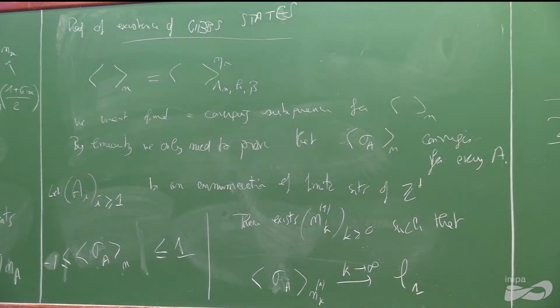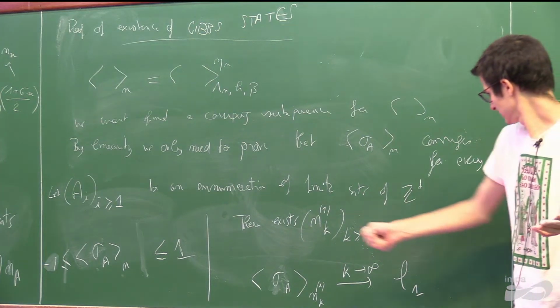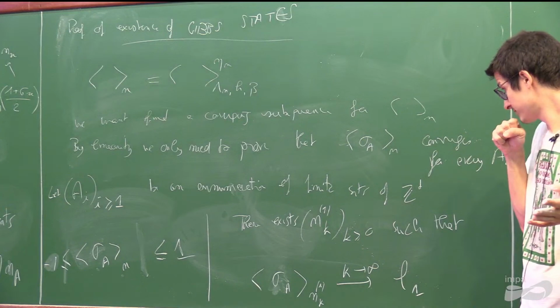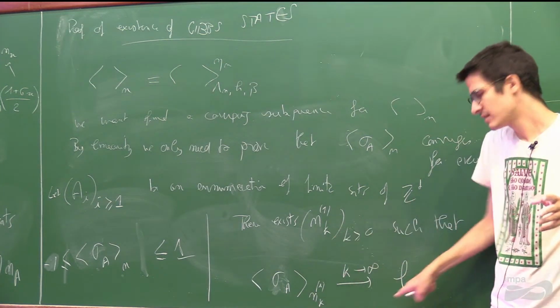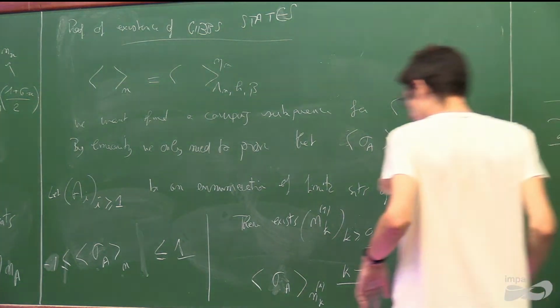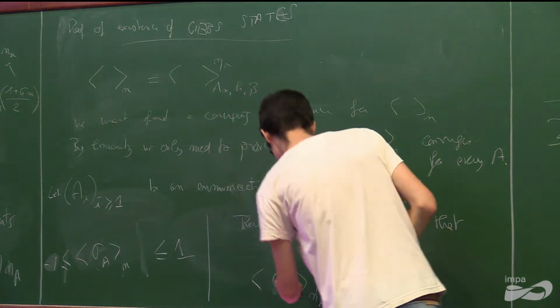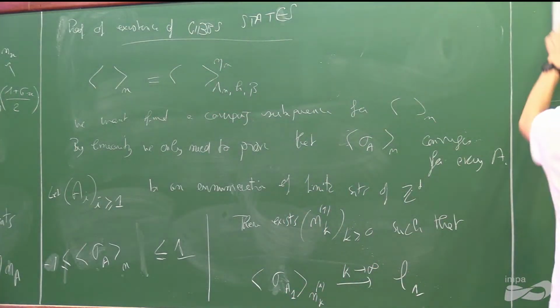So using the Bolzano-Weierstrass theorem, I have a sequence that takes values in a compact. So I can extract a subsequence that converges to a limit. This is sigma_A1.